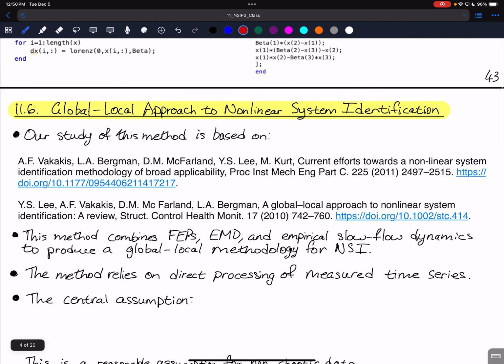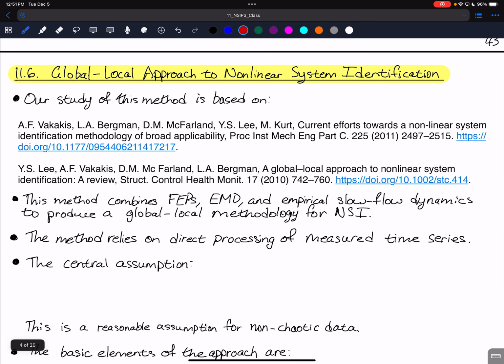All right, so the second method we're going to look at is a global-local approach to nonlinear system identification. Our study of this is going to be based on these two papers shown here, and this really pulls together everything that we've talked about in terms of FEPs, EMD, empirical slow flows, etc. It really brings all of that together into one tool to try and identify the underlying dynamics.